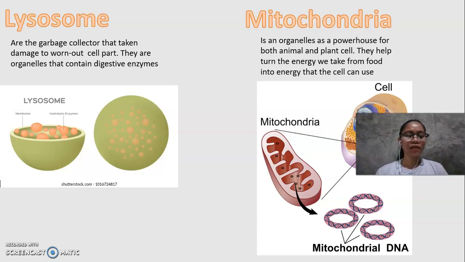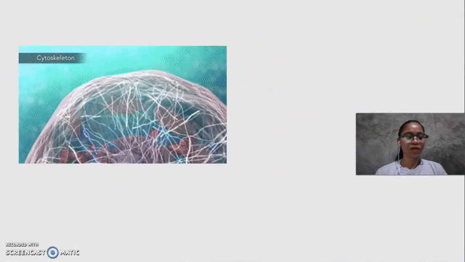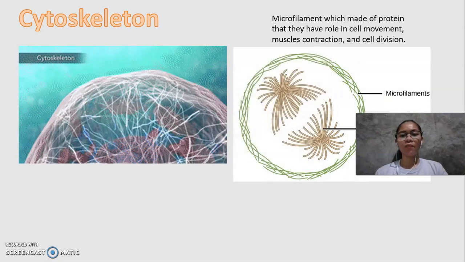Meanwhile, the cell maintains its shape through the cytoskeleton. The cytoskeleton includes the thread-like microfilaments. Microfilaments are made of protein and have a role in cell movement, muscle contraction, and cell division.